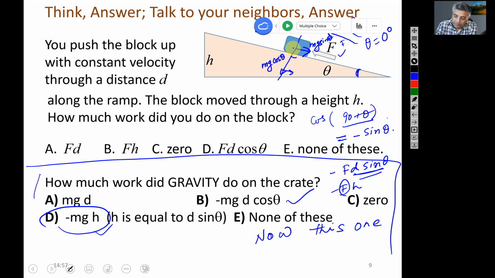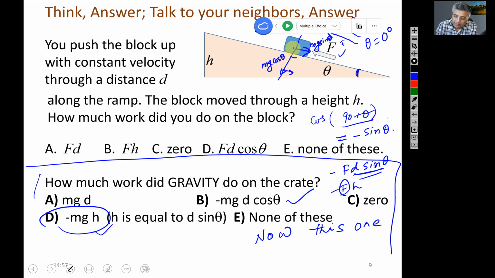So now if we look at just these two, the force and the displacement, what's the angle between them? 180 degrees. So now we can write, okay, the force is mg sine theta and displacement is d.